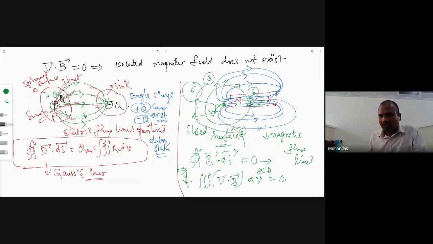And if the volume is not equal to 0, to satisfy this equation, del dot B must be 0. So, what is this equation? This is known as Maxwell's fourth equation, right?